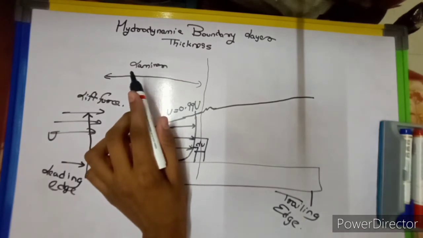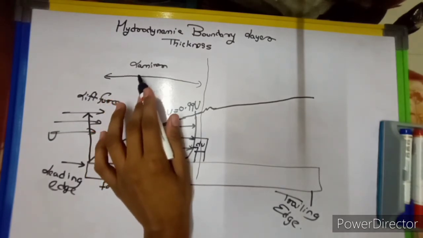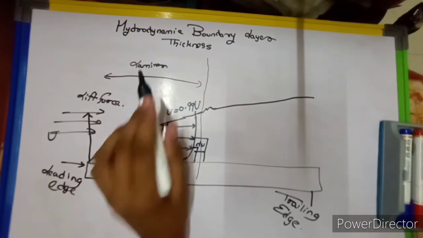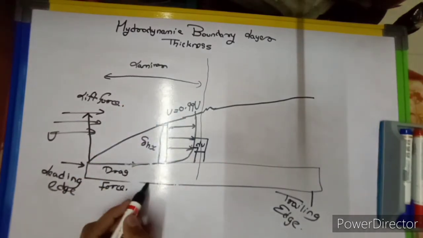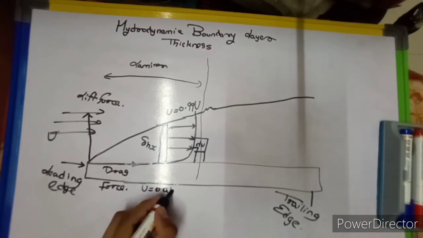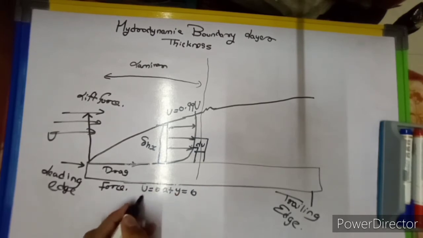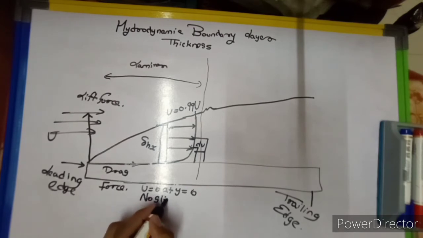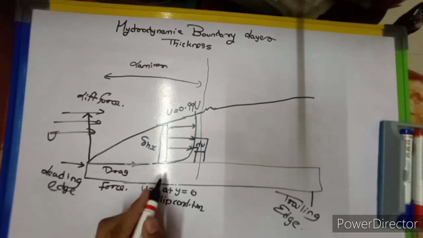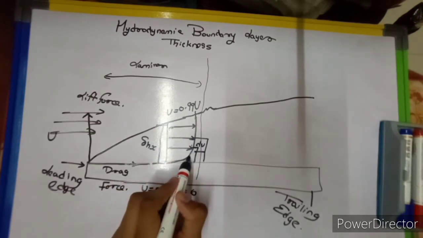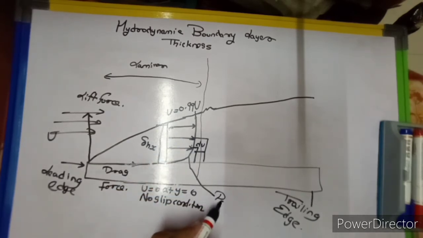Because the boundary layer, that is the fluid, will be flowing in the form of layers. Here, see, it is very important. Here, u is equal to 0 at y is equal to 0. Why? It is the no slip condition, that is the fluid will not slip while flowing. It is called the no slip condition, and therefore it will form a parabolic profile.